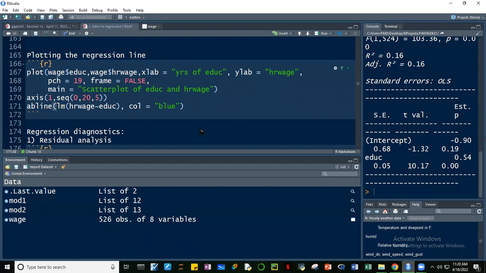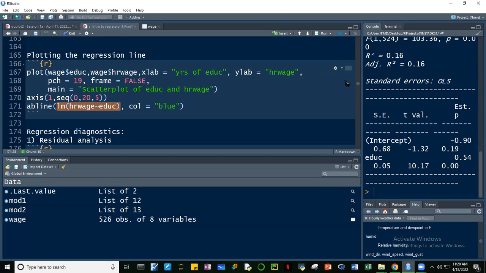Okay, so ito guys yung code chunk na gives us the plot of your independent variable education, your dependent variable hourly wage, and then may mga labels siya, okay? And then some modification in the x-axis and the regression line. AB line, anong line yan? It can be a horizontal line or vertical line, pero ito yung regression line, LM.